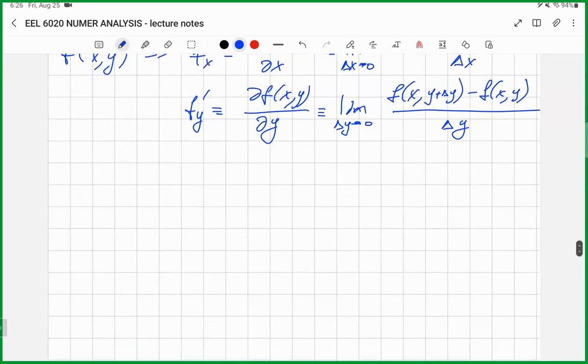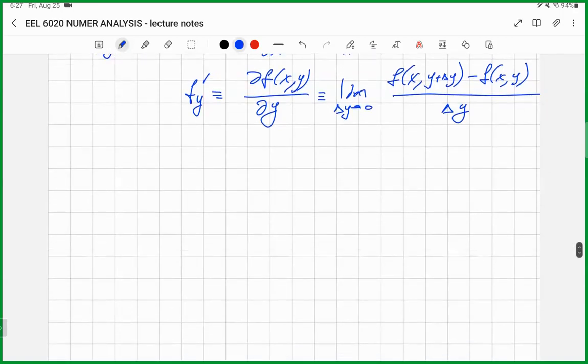So now I have a function of multiple arguments. I change x, I change y, and I see my function changing.